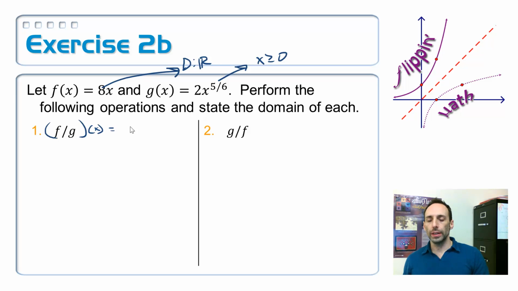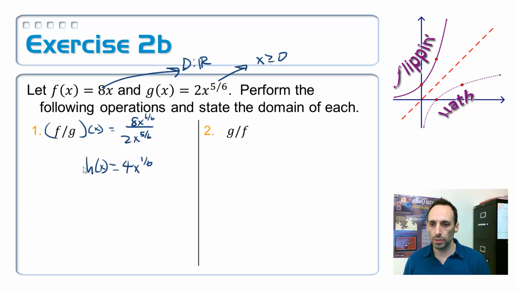When I divide them, I have 8x on top, and then 2x to the 5/6 on the bottom. So I can divide the numbers out, so that's just 8 divided by 2 is 4. They have the same base, so I subtract the exponents this time since it's division, so that's 6/6 minus 5/6, x to the 1/6.